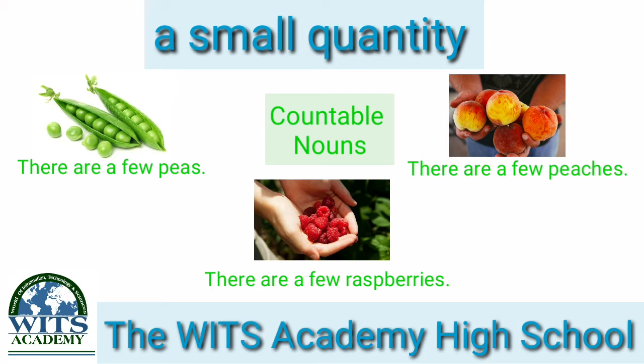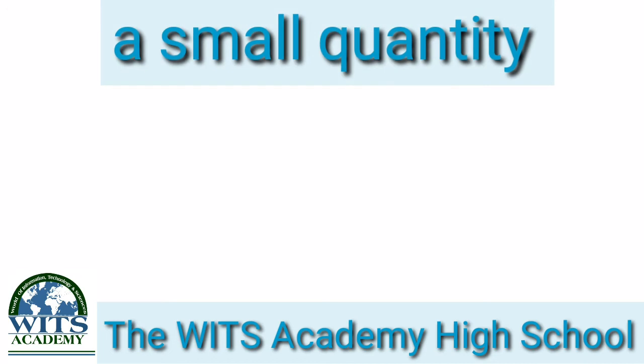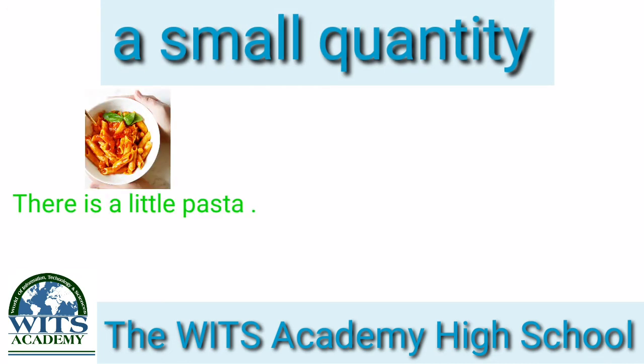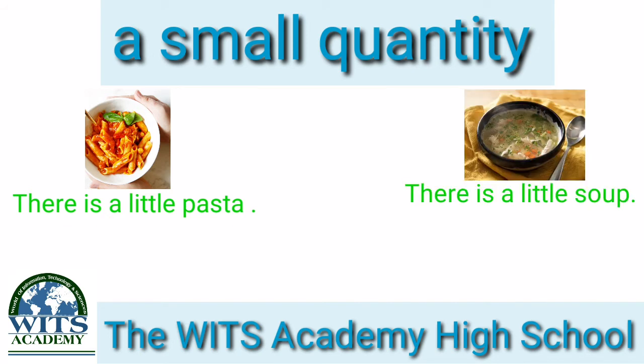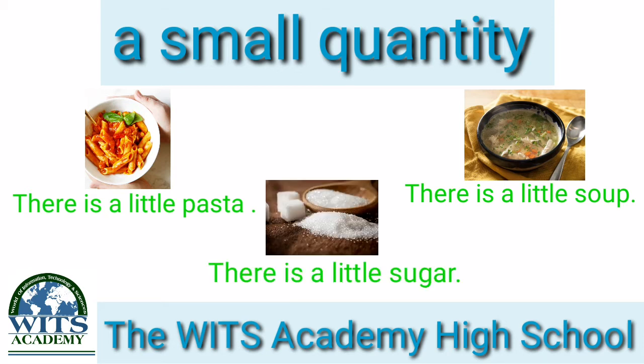Okay? Now look at these sentences. There is a little pasta. Number 2 is there is a little soup and there is a little sugar. Now here in these sentences, the thing that we should look at is uncountable nouns.